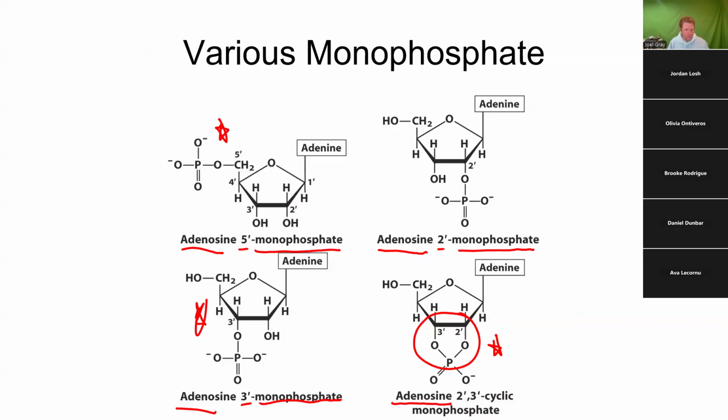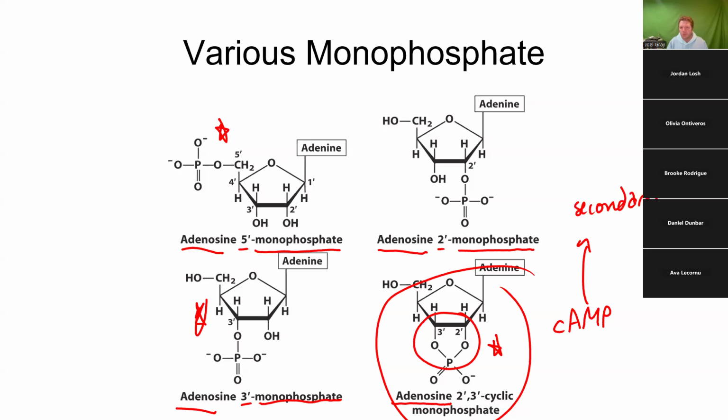If you've taken any sort of cell biology class or maybe a physiology class, you've maybe heard about this stuff, cAMP. People sometimes just refer to it as cAMP. This is cyclic adenosine monophosphate. This structure right here is an example of that. This is what's known commonly as a secondary messenger.